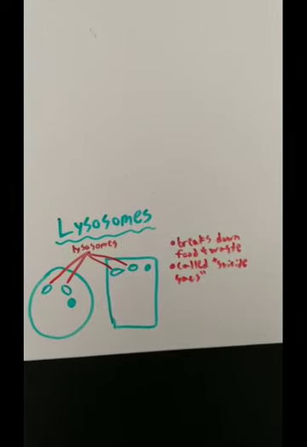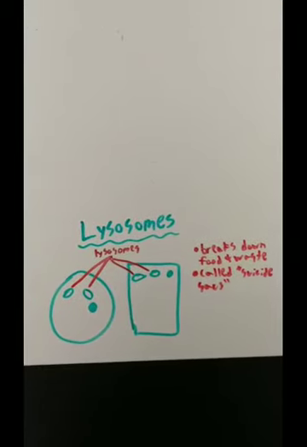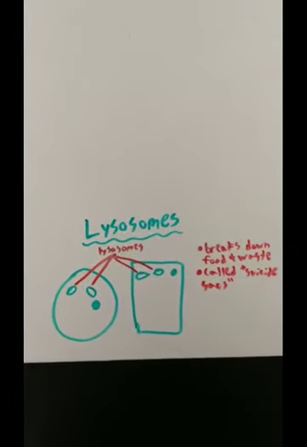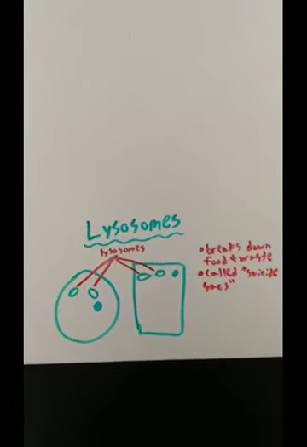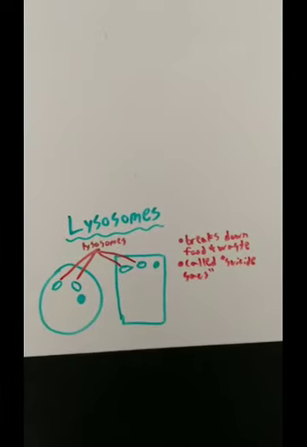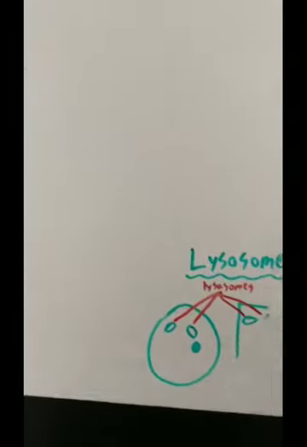Like I said before, these are the janitors, but they could also be considered a hazmat disposal unit, because it takes that toxic waste and uses enzymes to break it down in a safe manner where it doesn't harm the rest of the cell, most of the time anyways.